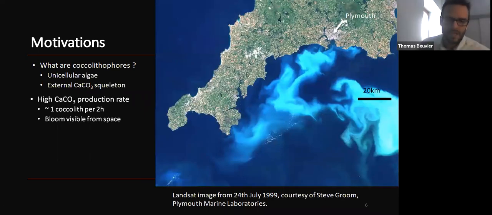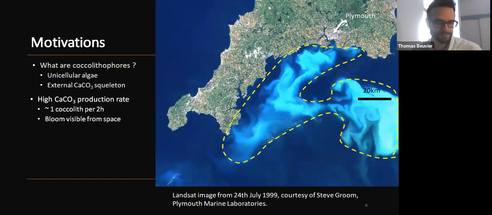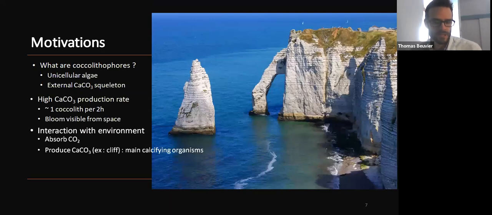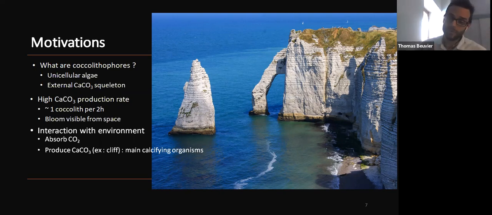So the quantity of coccolithophores in the ocean is very important, to such an extent that we can even see them from space images. And it is quite easy to understand why they are important in the carbon cycle. They absorb a large quantity of CO2, and they produce a large quantity of calcium carbonate.